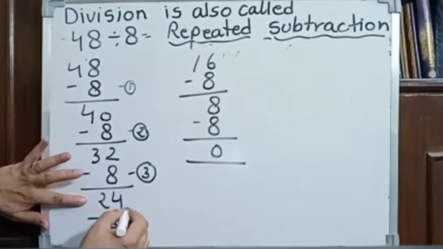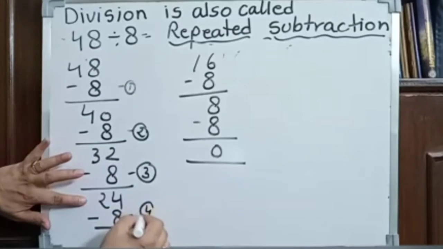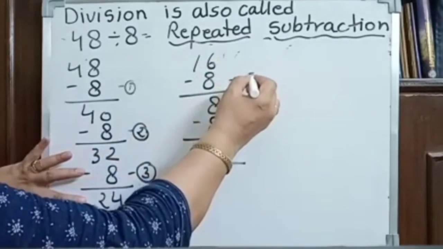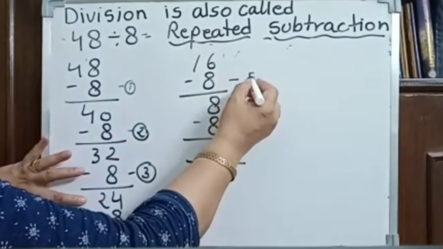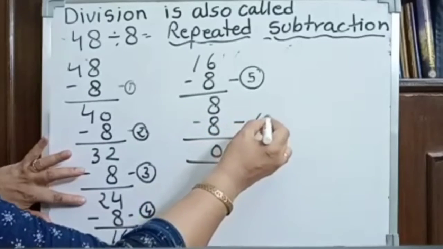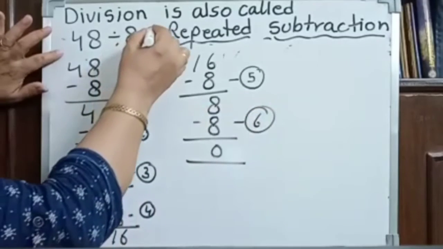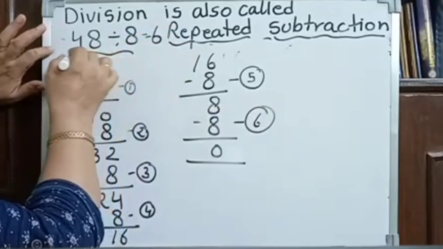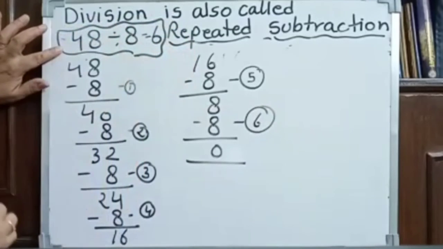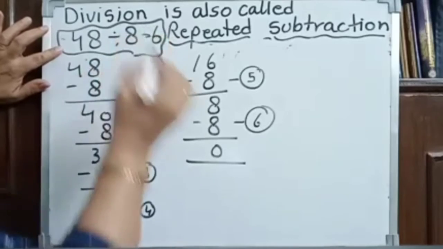Then 24 we get, minus 8, 4 time. Then 16 is here, 5 time. Then we get 8, 8 minus 8, 6 time. So what is the quotient? That is 6. If we do 48 divided by 8, we get quotient 6.